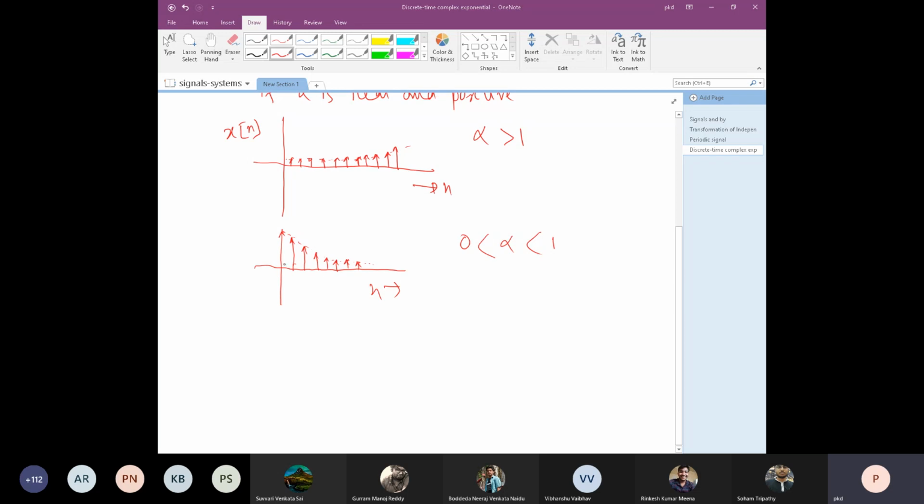Like say, if we have 0.5, the first one will be, of course, for 0, it will be 1, and then 0.5 to the power 1 is 0.5. I think the graph is not proper for 0.5. It is 0.25, and then continuously it will decrease.